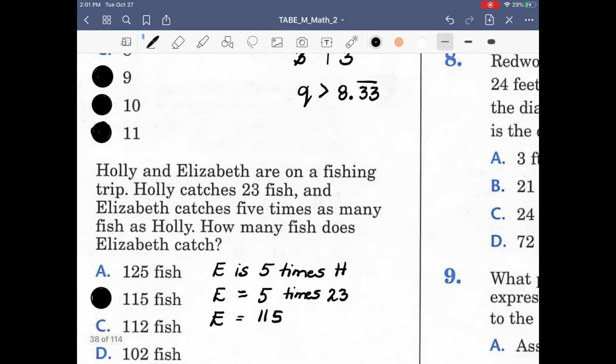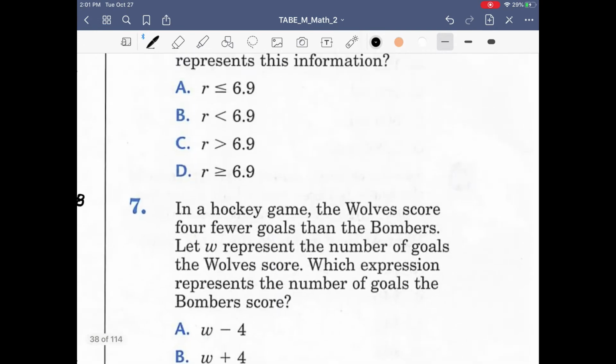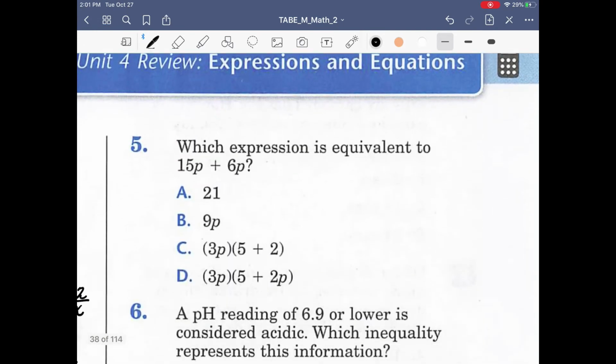Number 5. Which expression is equivalent to the one they gave me? So we need to factor in this one. We have to pull out the common factor. So let me list the common factors, or the factors, and then we'll figure out which is common.